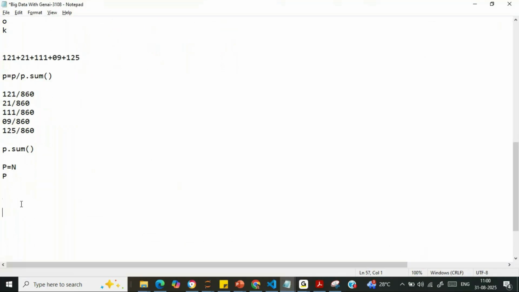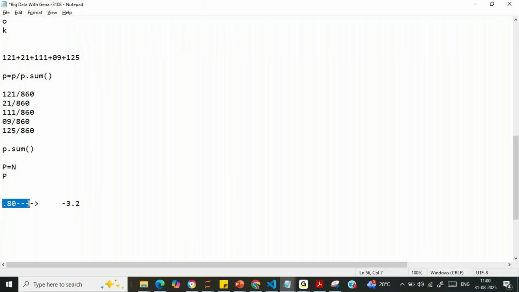Say the model has 80% accuracy. 80% is denoted by 0.80, and for this I will get minus 3.2.